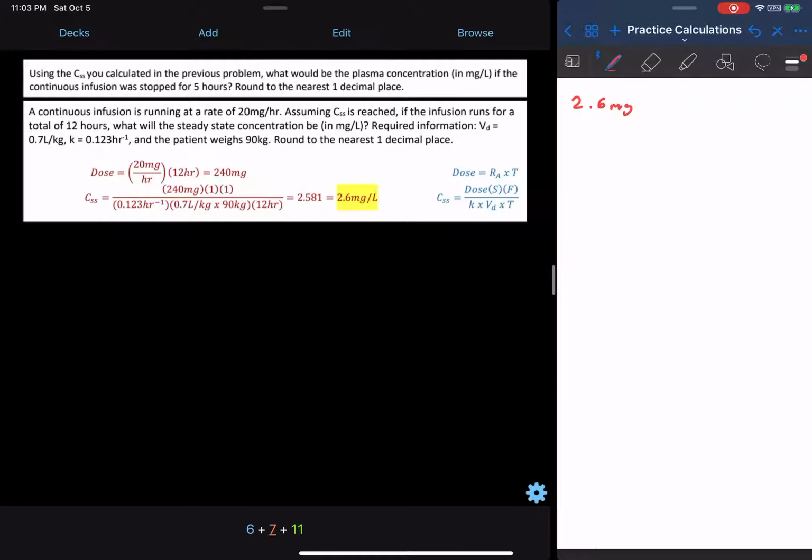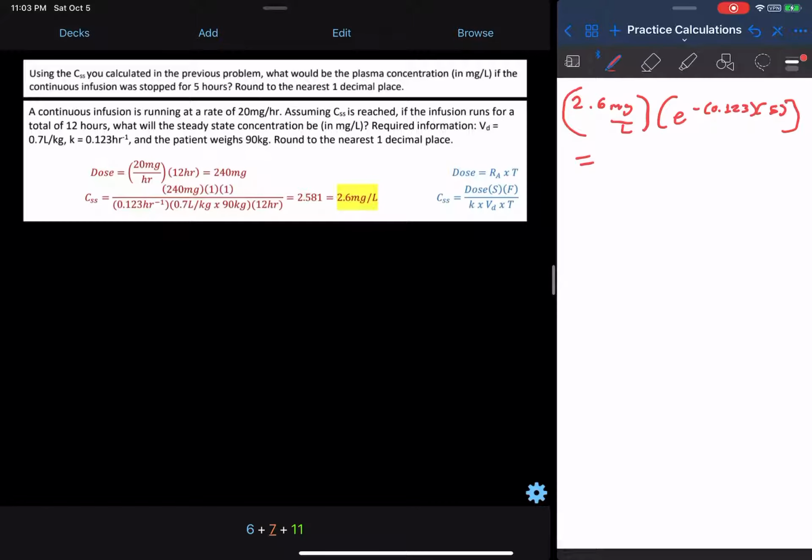2.6 milligrams per liter. We multiply this by e to the negative 0.123 times time. This time we want it in 5 hours. We've got the steady state concentration. Okay, let's see if this is going to work. 1, 2, 3 times 5.